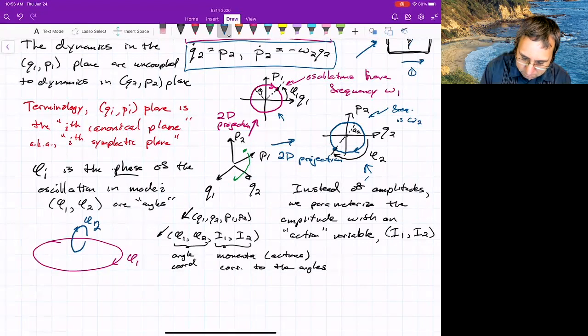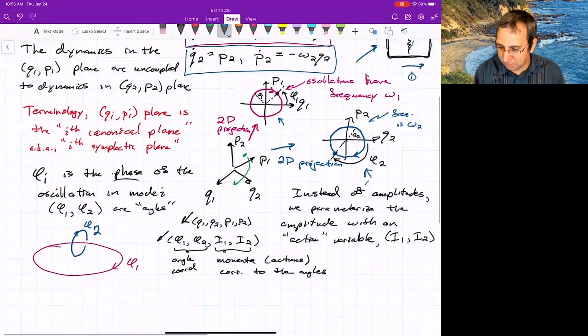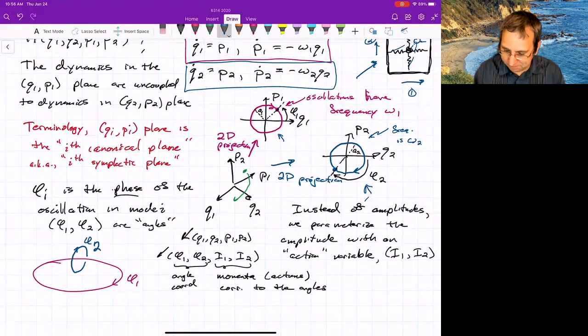That's 2. So motion is happening, right? The amplitudes don't change. It's just the angles that change, and they go around with constant frequency, constant rate, omega 1 and omega 2, respectively.